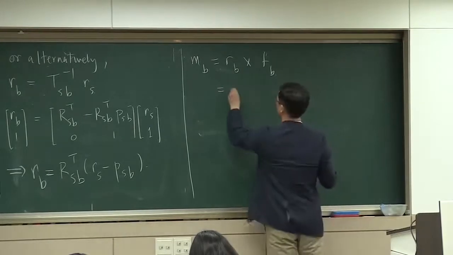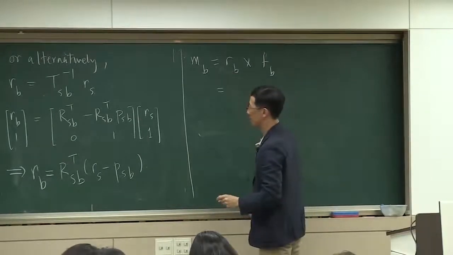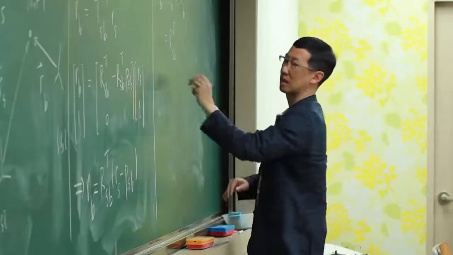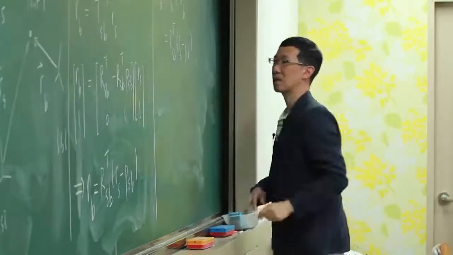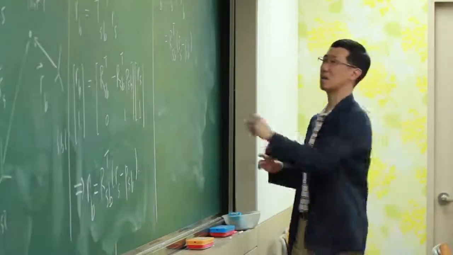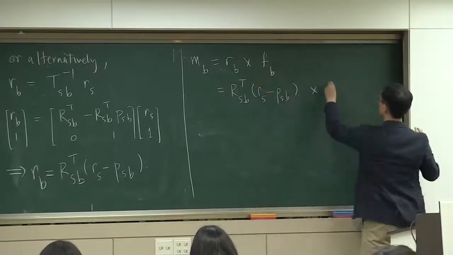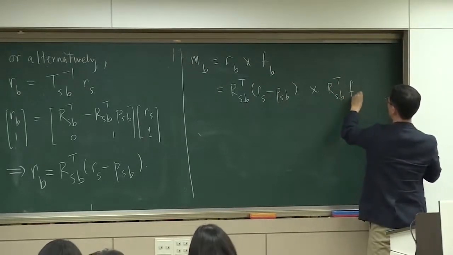Let's write down r b first. It's R SB transpose times r s minus P SB, crossed with f sub b, which is R SB transpose f sub s.